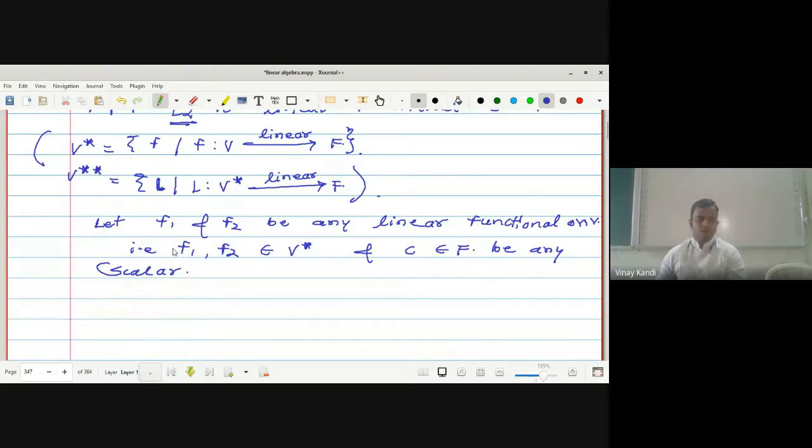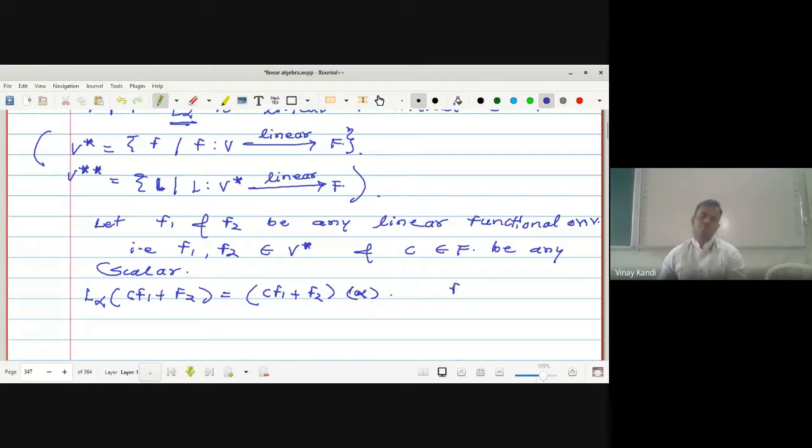What is the linearity condition? L alpha of c f1 plus f2 is equal to, by the definition of the mapping, what do we have? This is (c f1 plus f2) of alpha. This is the rule you defined.